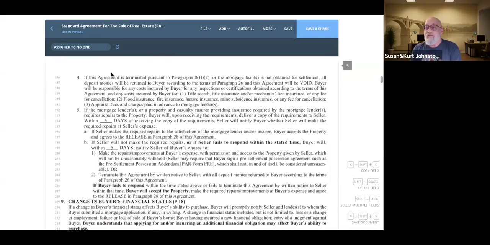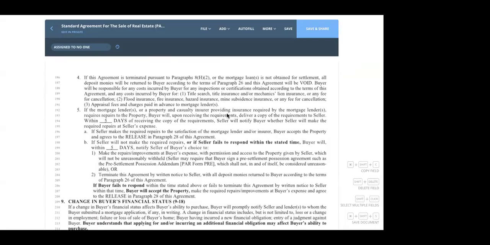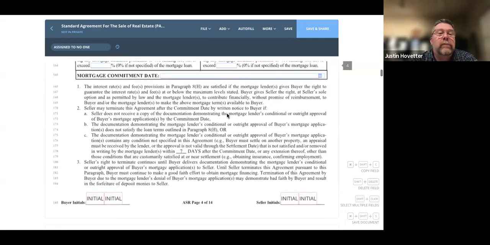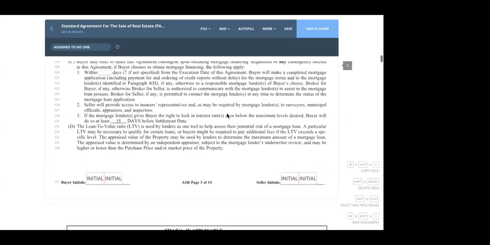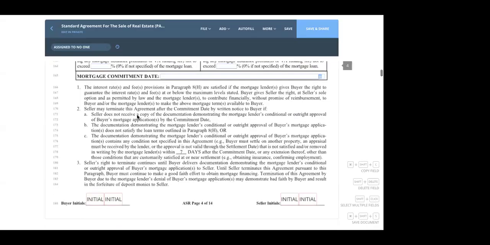You're in that gray area there. No, not gray area. If the mortgage lender requires it, we have to grant access to their inspectors. It says it in that one, B1. Yep, and to tag onto that, the lender holds the money, so there's that.